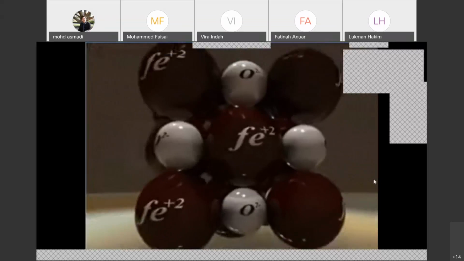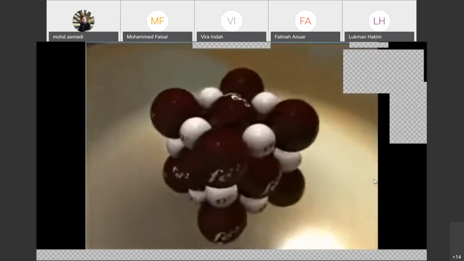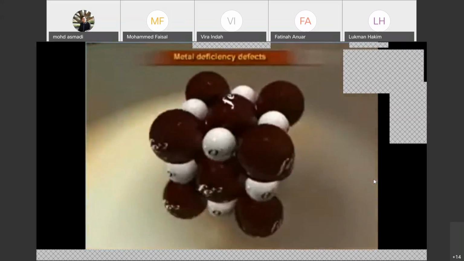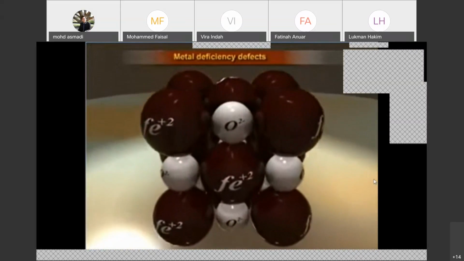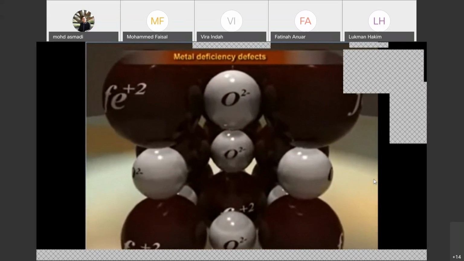Now that you have learnt about the non-stoichiometric metal excess defects, let's learn about the second type of non-stoichiometric defects, the metal deficiency defects. The metal deficiency defects arise when a crystal becomes deficient of the metal on losing some metal ions from their sites.